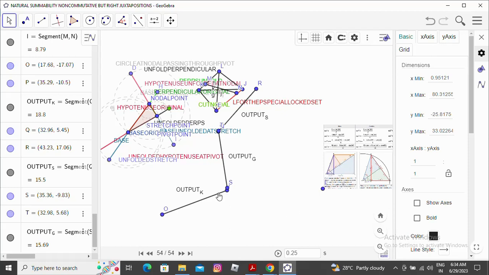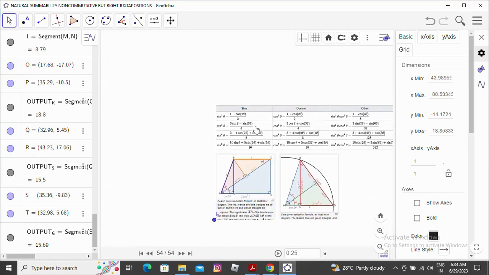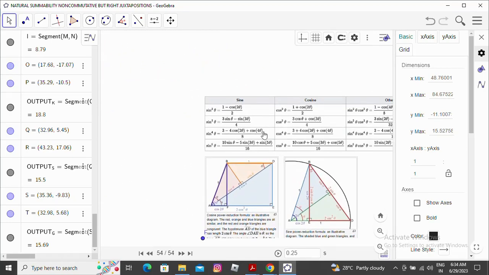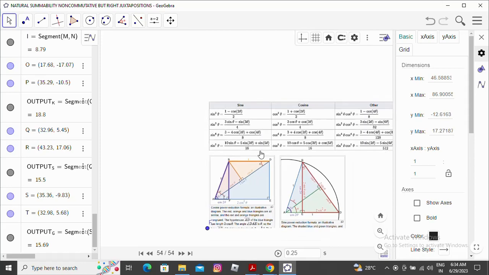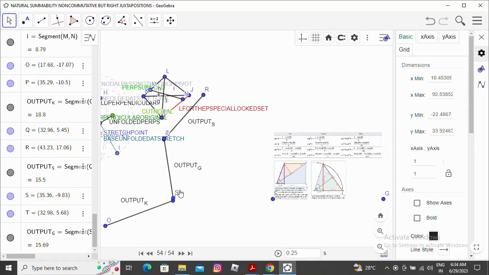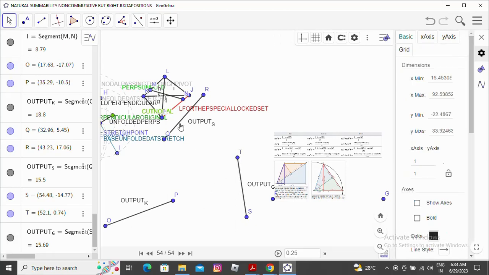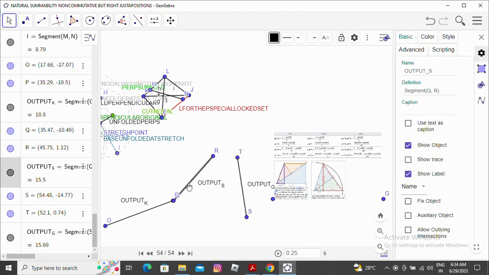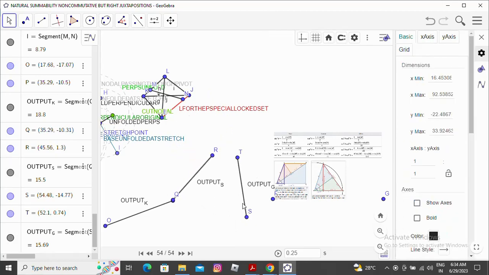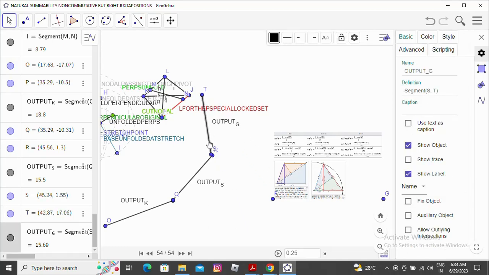And if all these outputs are naturally linear, then it is a natural summability, the best natural summability. If all the output line segments are collinear and end to end, then that is best. Otherwise, this kind of cumulative summation is also good, and sometimes we can do the juxtaposition of these terms to get this kind of output.